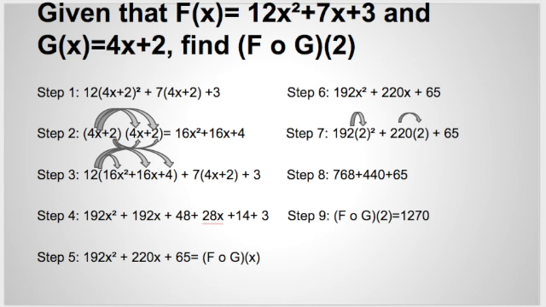So now, when you look back to your original problem, you have to find f of g of 2. So where your x is in step 5 of 16x squared plus 184x plus 537, where your x's are, you will plug in 2. In step 6, you're going to rewrite step 5, except leave off the f of g of x.